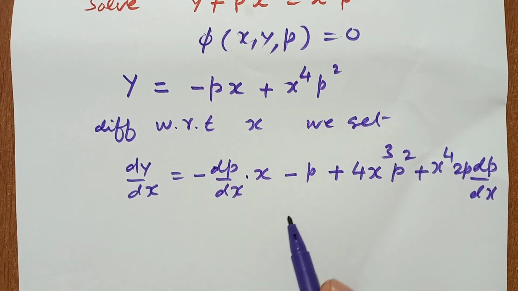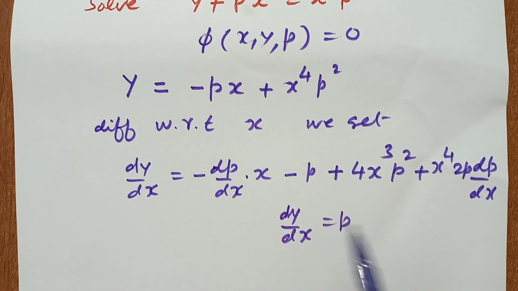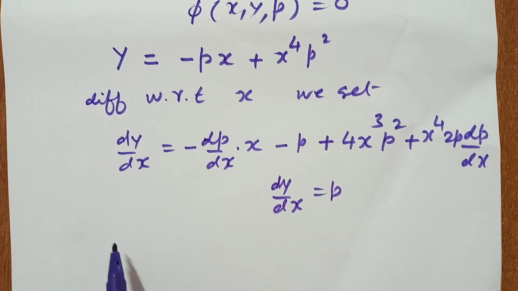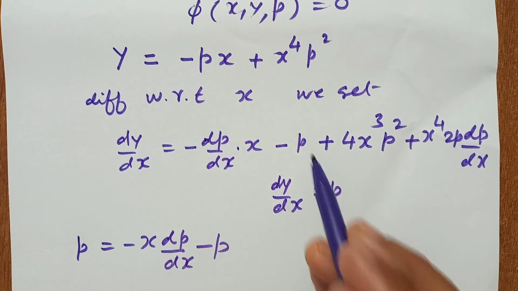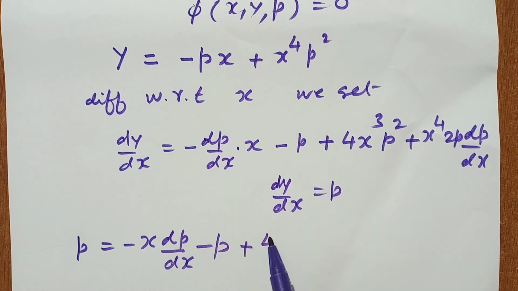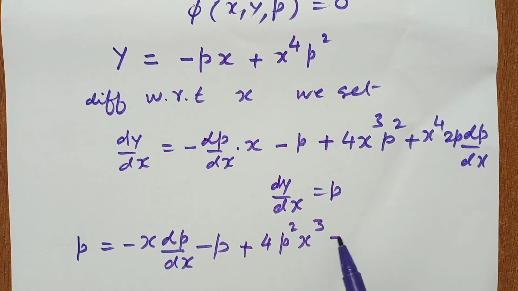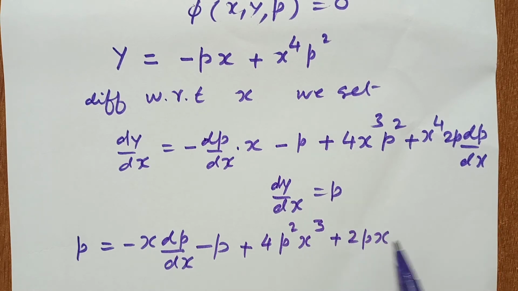Now putting dy by dx equal to p, so p is equal to minus x dp by dx minus p plus 4p square x cube plus 2p x to the power 4 dp by dx.